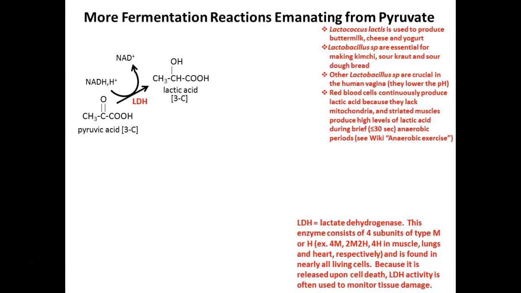When our cells are damaged, this is released, and this is one of the tests they can do to determine destruction to muscles, lungs, heart, right, different things. If you have high levels of this enzyme being released, it means you have a lot of cell death, and that's not good news. Right? But this is one of the ways that we protect ourselves.